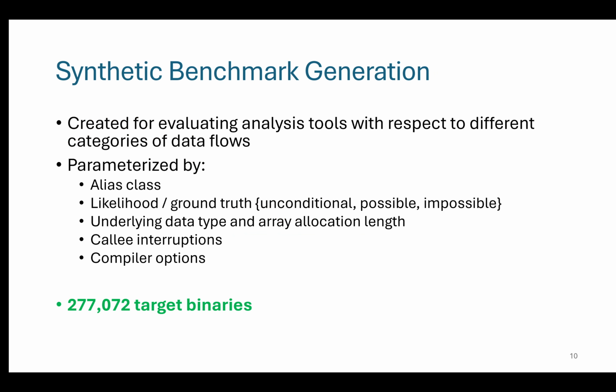We created a synthetic microbenchmark in order to evaluate existing open source approaches for data flow analysis, with respect to different classes and alias classes of data flows, and also different degrees of data flows, such as unconditional, possible, impossible, and also different data types and array allocation lengths, and by considering calling interruptions and different compiler options.